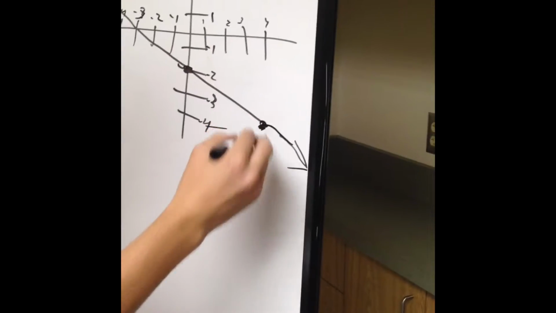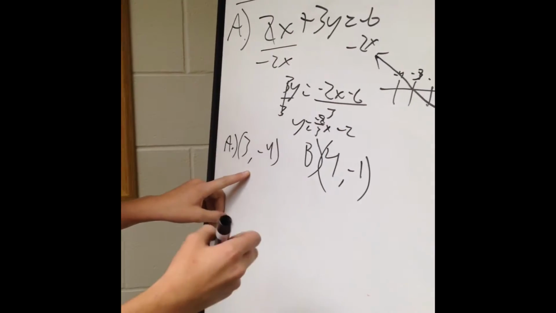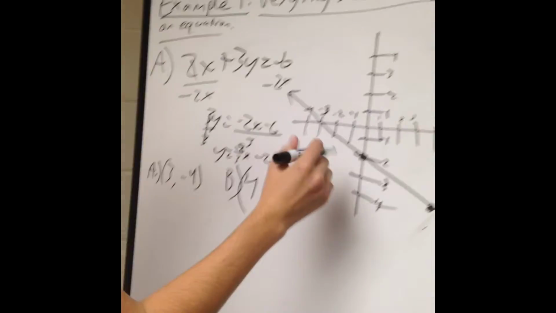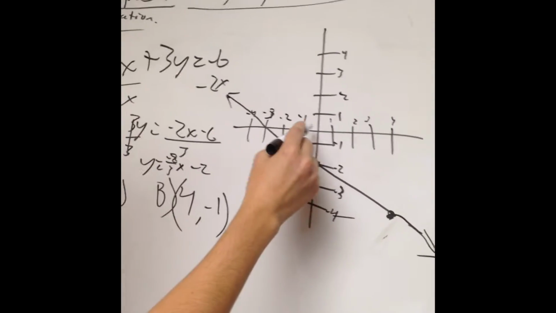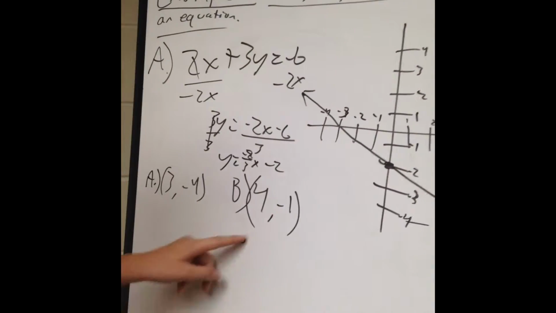It's supposed to be right there. And then, by these points, you go over 3, down 4, pretty much the same spot, and then over 4 and down 1 isn't, so B isn't, but 3 is.